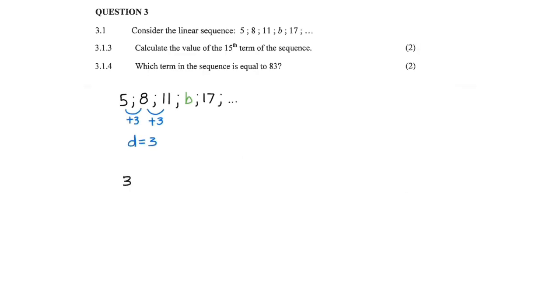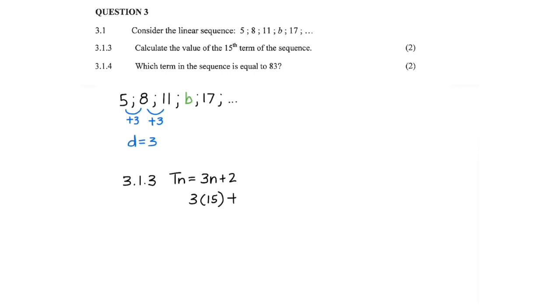Moving on to question 3.1.3. Calculate the value of the 15th term of the sequence. Now, how can we go about answering this question? So, we are asked to calculate the 15th term of the sequence using the general term formula, Tn equals 3n plus 2.